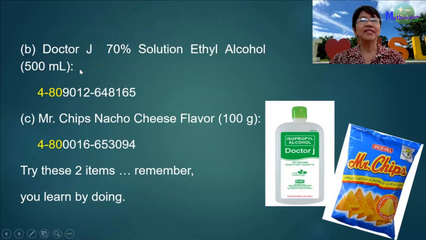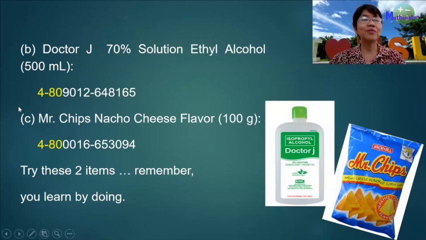Letter B. Dr. J, 70% solution ethyl alcohol, 500 ml. Again, we start with 480. So this is a Philippine-made product. 9012648165. And you have to try the formula to check if it is valid.